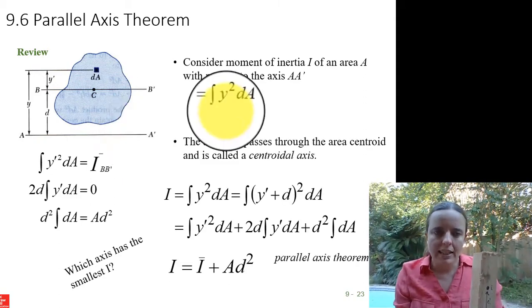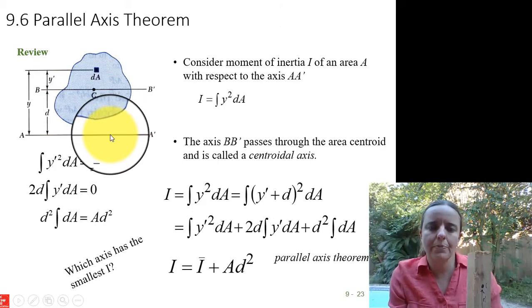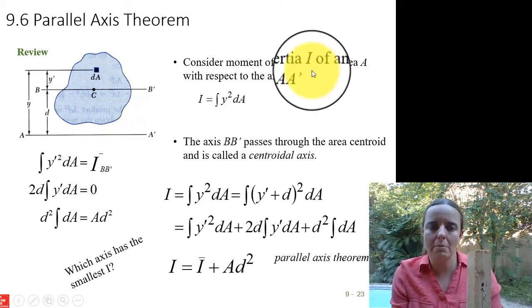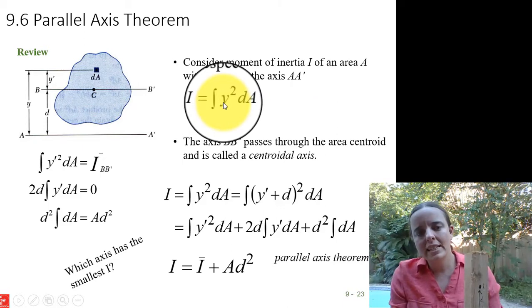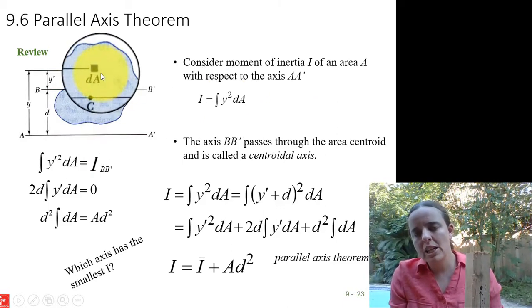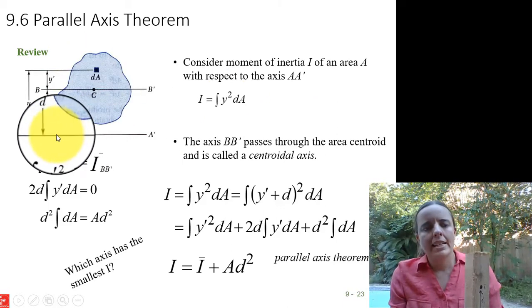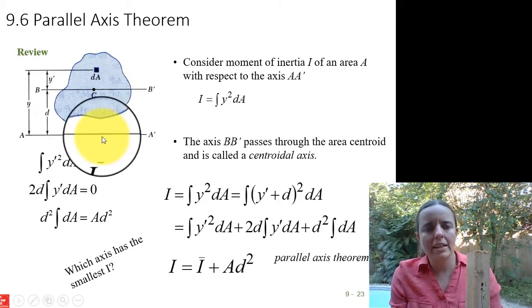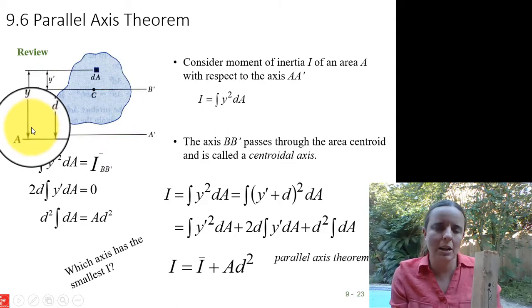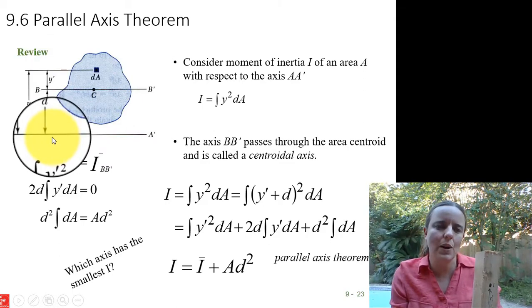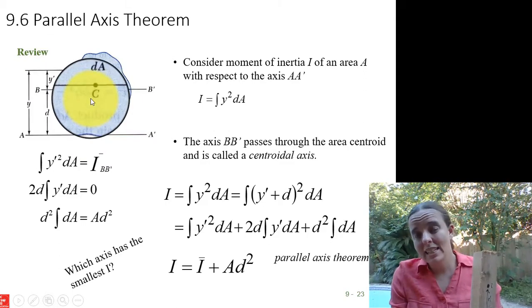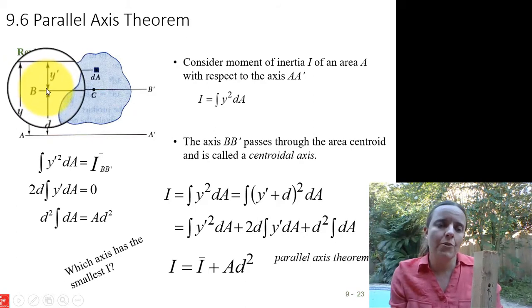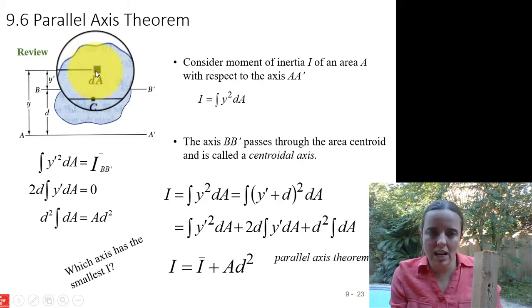And for that, let's go ahead and we're looking at r squared m, or y squared dA, the distance from the axis to each element here. And you can split that distance. So I'm going from A to each individual element on here, and we're going to split that distance into how far it takes to get to the centroid, and then from the centroid to each element.